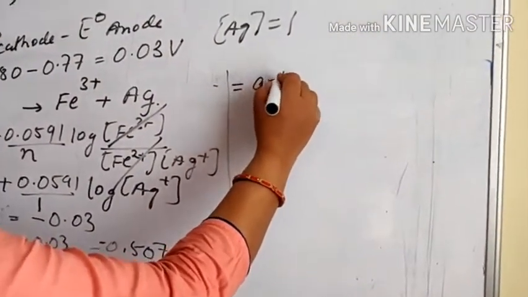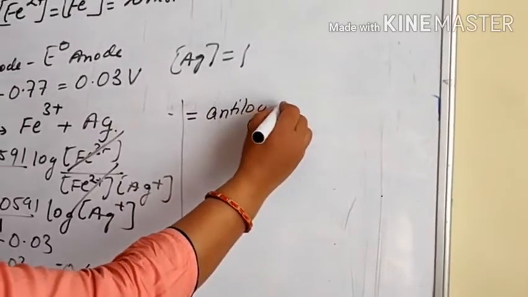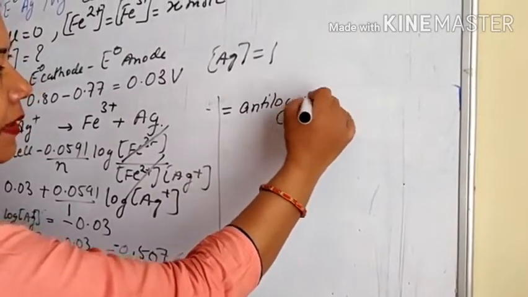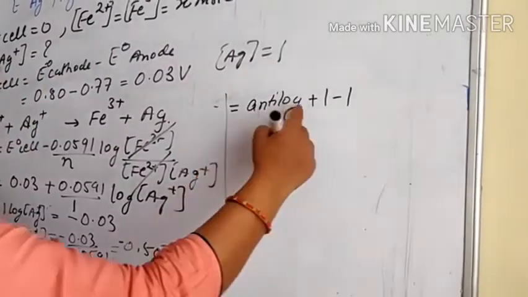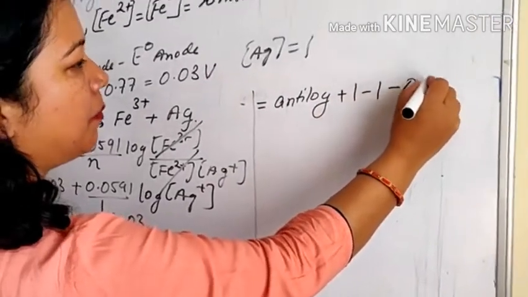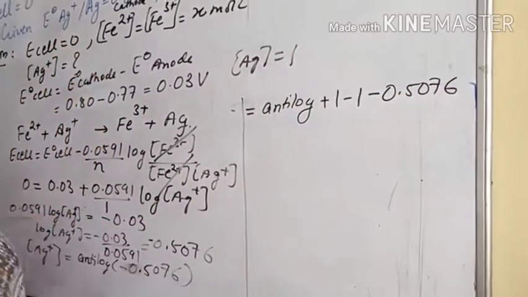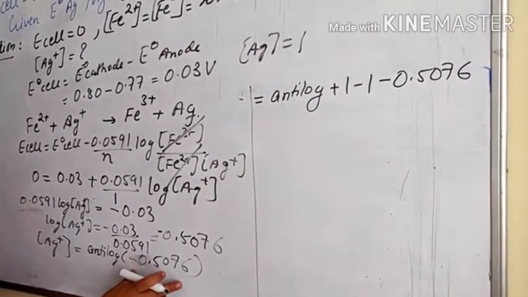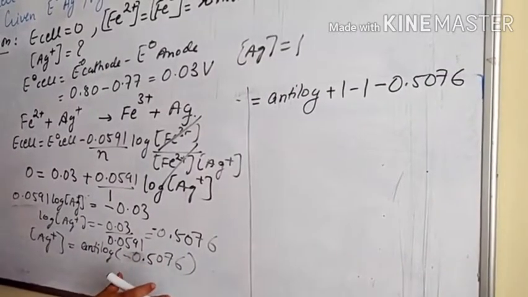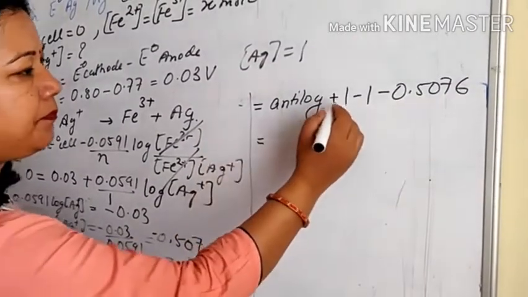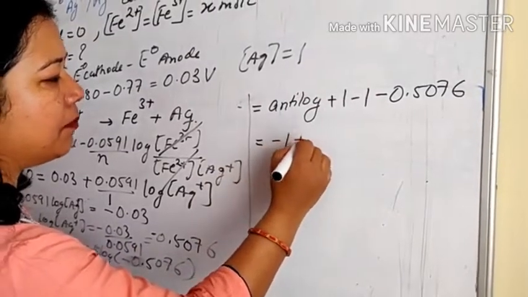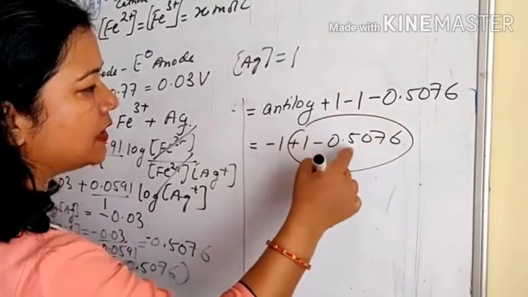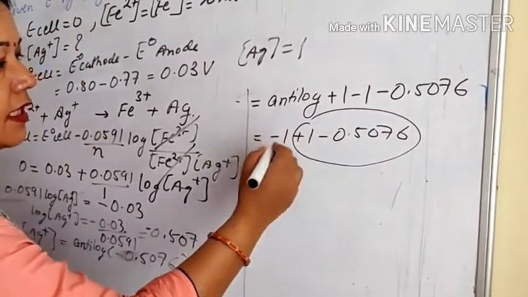So we'll add plus and minus 1 to this value, minus 1 plus 1 minus 0.5076. In this way the negative sign can be changed into positive so that we may see the anti-log from the anti-log table. We add 1 to this number because we are trying to change it into positive.